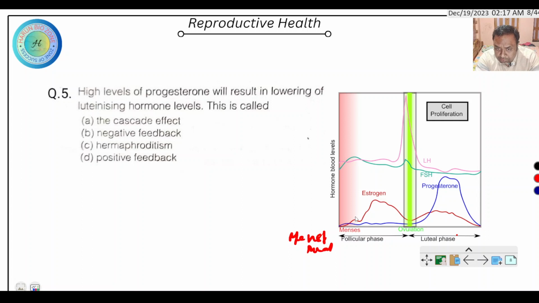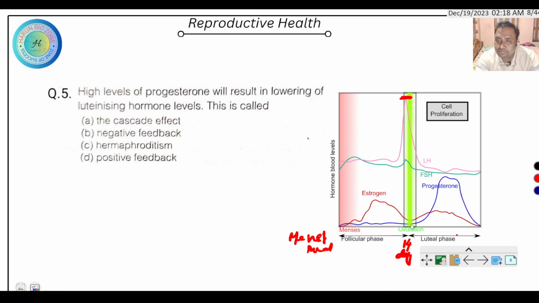When the estrogen level is high, the LH level also changes. At 14 days of the menstrual cycle, when the egg is released from the Graafian follicle, at the end of the follicular phase, the LH level comes to a peak.